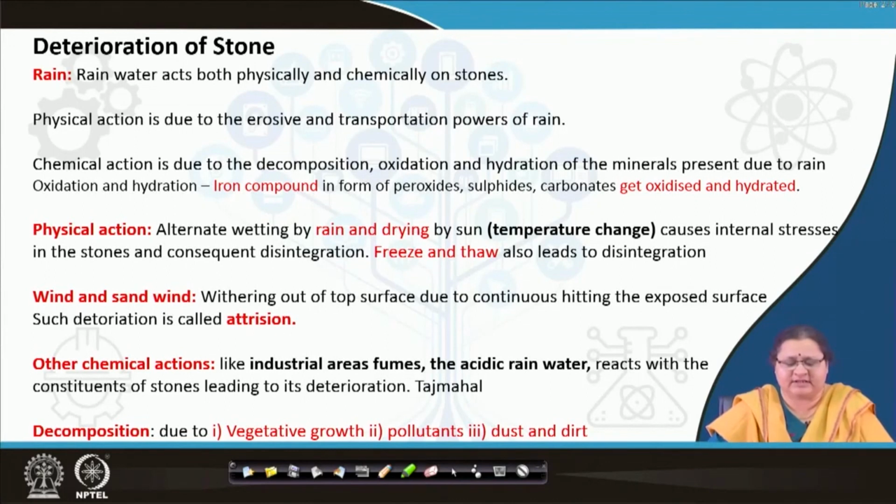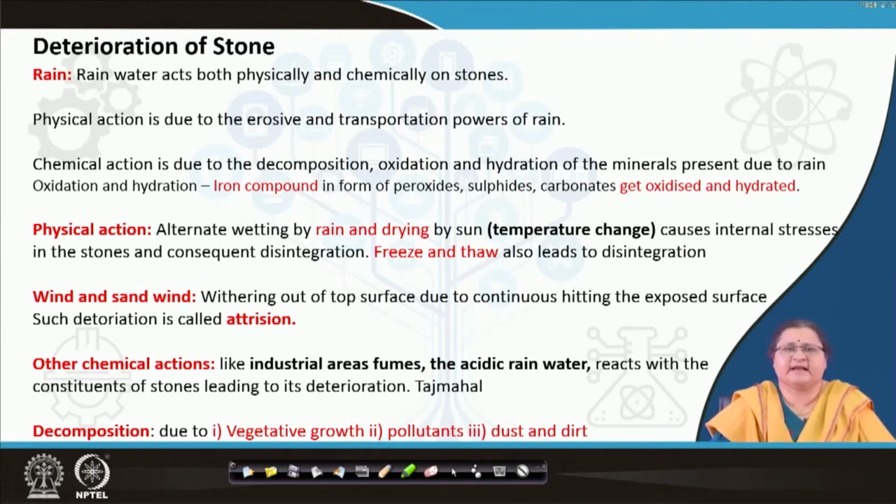Particular chemical actions may be due to oxidation and the hydration of the minerals within it. That is because of the rainwater. So, the rainwater brings the minerals in contact with water, and the atmospheric oxygen helps in oxidation, and a lot of iron compounds form peroxides, sulfides, carbonates, and get oxidized and hydrated.